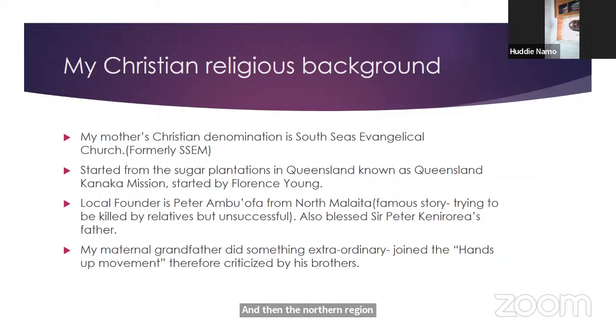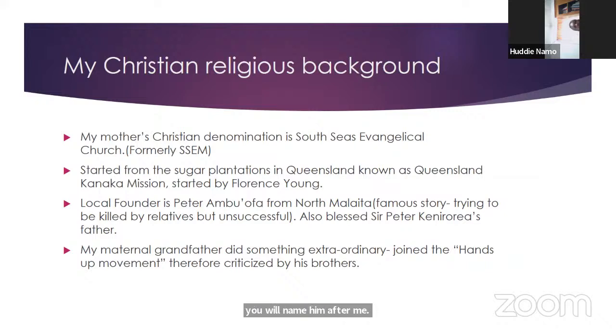And since then, hardship seemed to come upon his people of the northern region of Malaita. And it's the Are'are region or the southern region that's being blessed. So he promised Sir Peter Kenilorea's father, I just forgot his name, he said that any first son that you bear, you will name him after me, Peter.